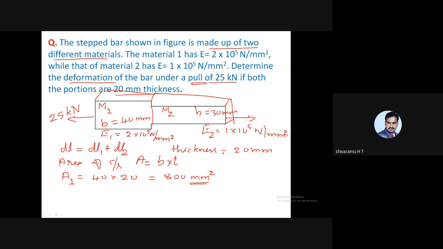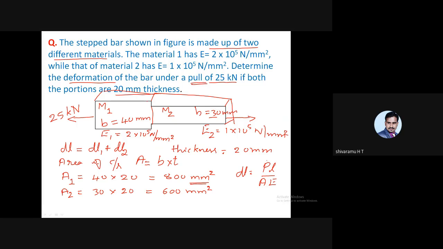The unit for the area of cross section is square millimeter only. For portion 2, the breadth is 30, so 30 into thickness 20 is 600 square millimeter. Young's modulus is given and area is known, and we know dl is equal to PL divided by AE.